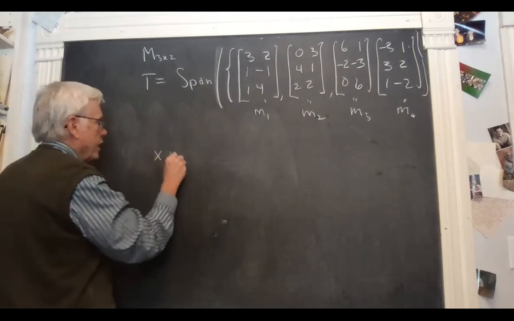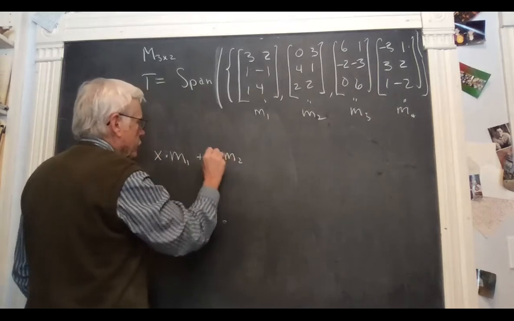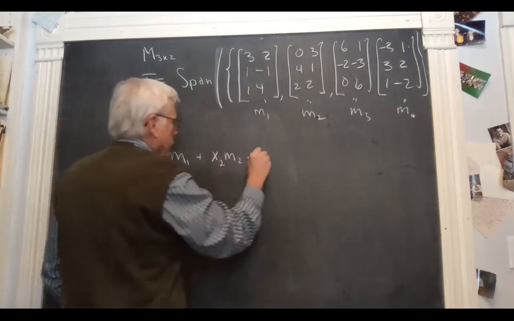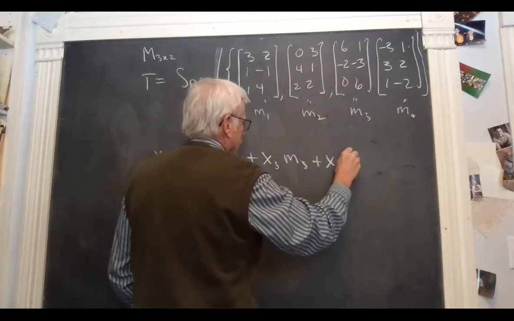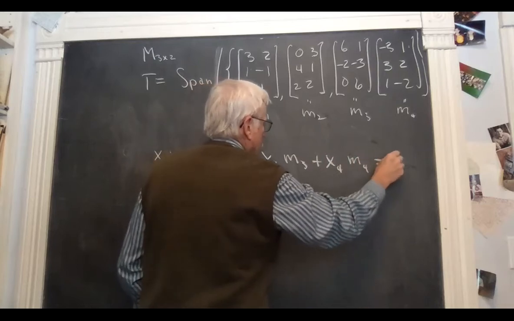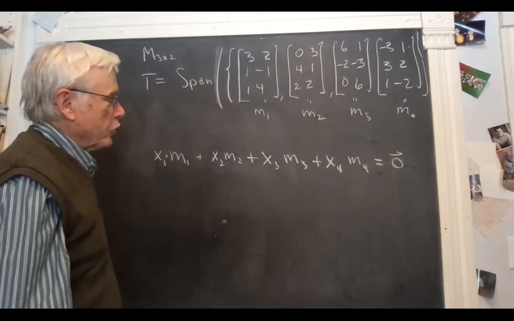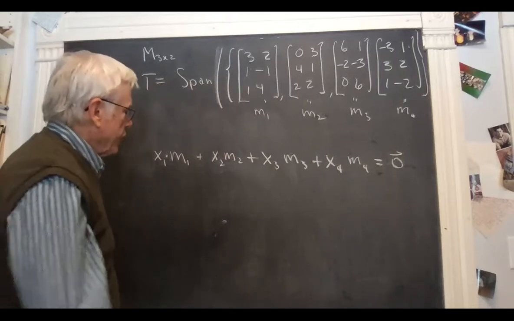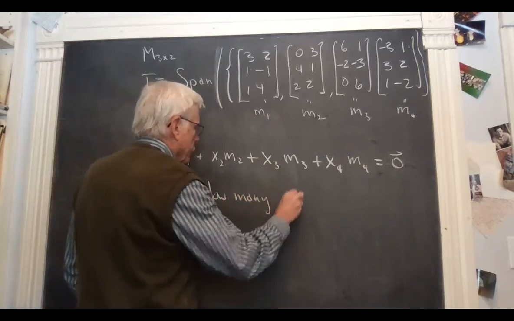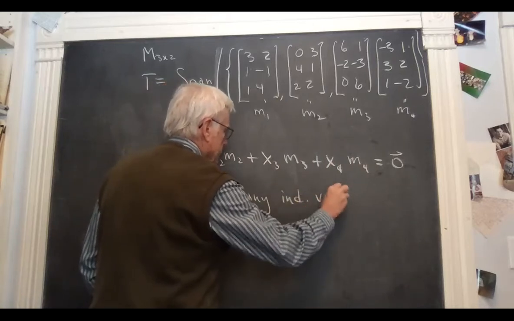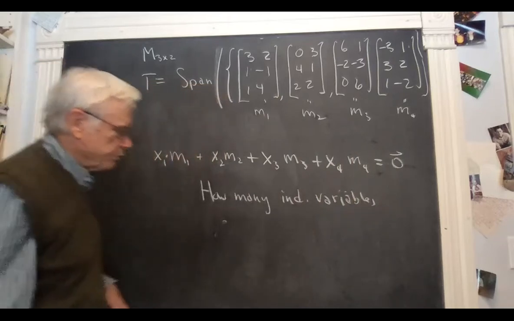I'll use x: x1 times M1 plus x2 times M2 plus x3 times M3 plus x4 times M4 equal to 0, the 0 matrix here, 0, 0, 0, 0, 0, 0. And we want to find out how many independent variables.